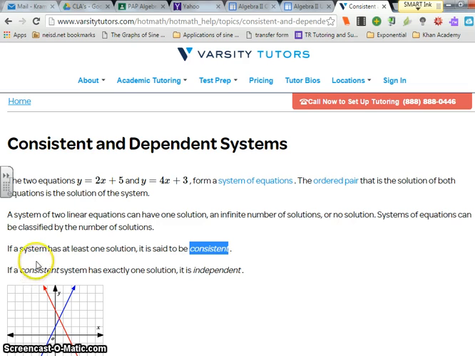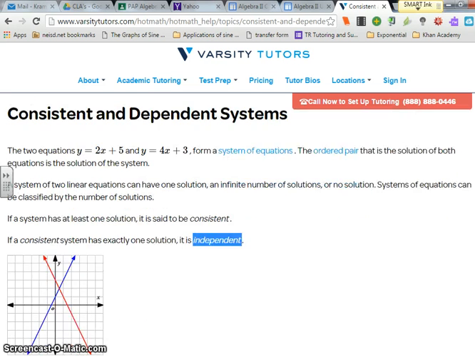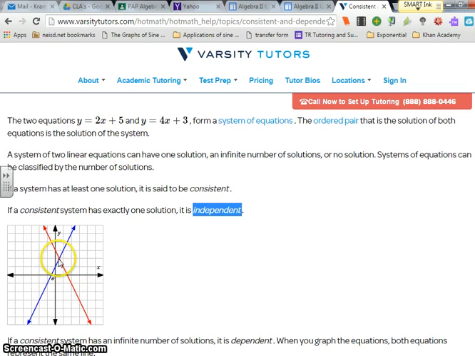If we have a system that has at least, in other words, it could have one or more solutions, it is said to be consistent. Now if it only has one solution, only one, then it's called independent. As you can see in this graph right here, this would be independent, and it would be consistent because it has at least one solution.